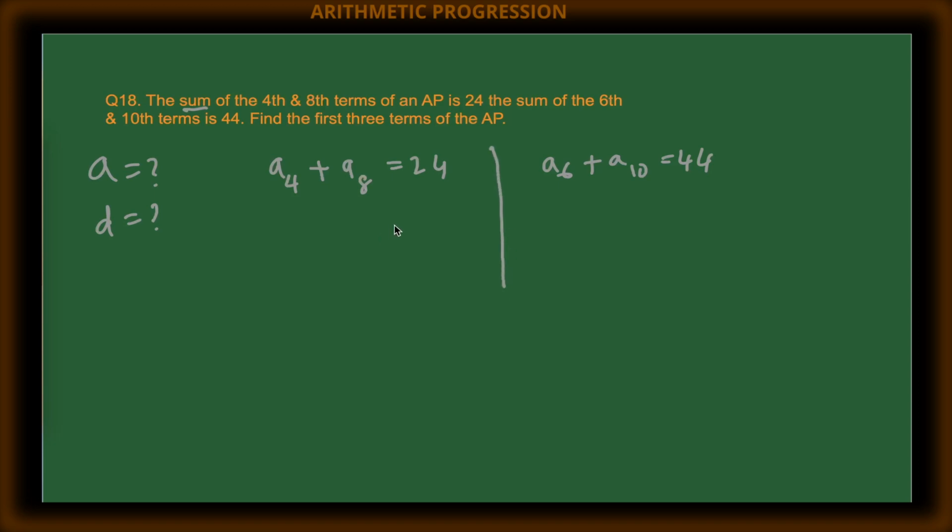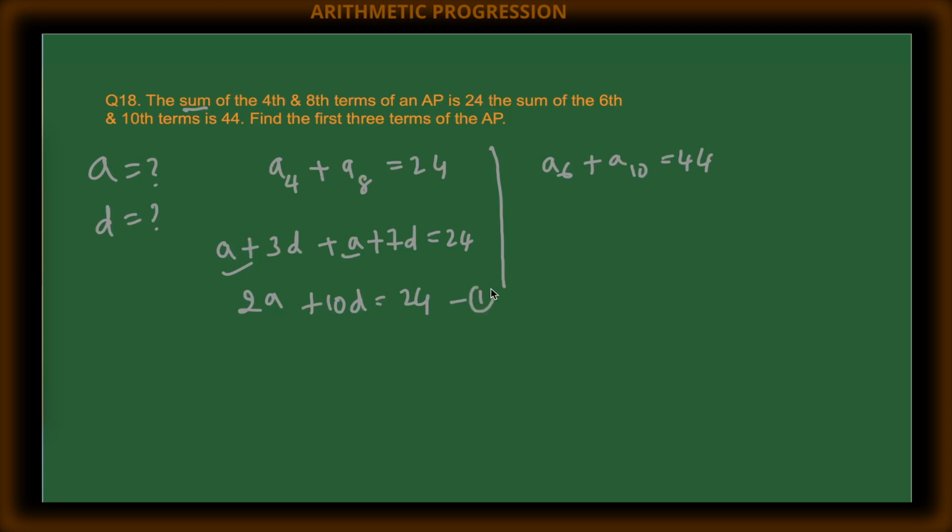Okay, so let's try to solve it. So we know A4 is represented as A plus (n minus 1) D, which is A plus 3D, plus A8 is written as A plus 7D is equal to 24. Now we have A plus A, which is 2A, D plus D we can add, plus 10D equals 24. Can you solve it further?